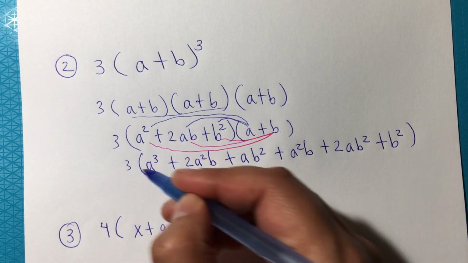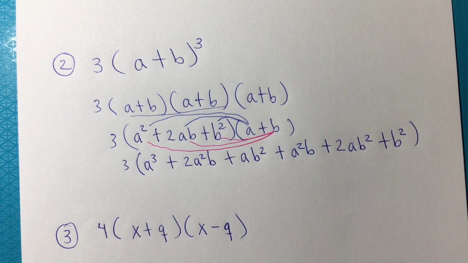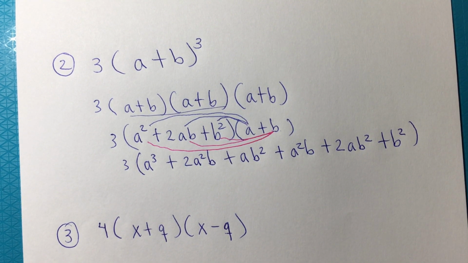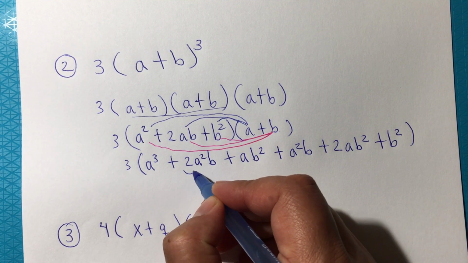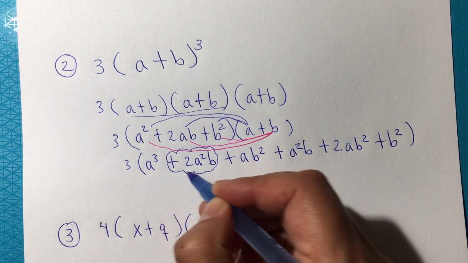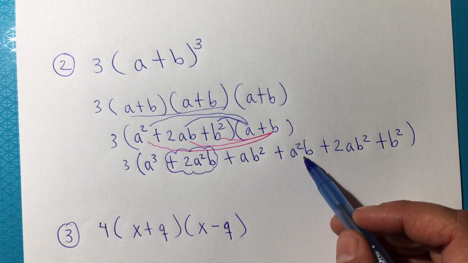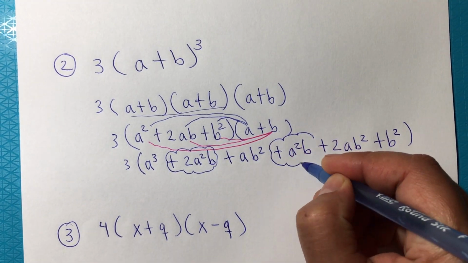We still need to multiply by that 3, but I think it's easier as well if you combine like terms first. And I notice that I have here a squared b, and I have here a squared b.